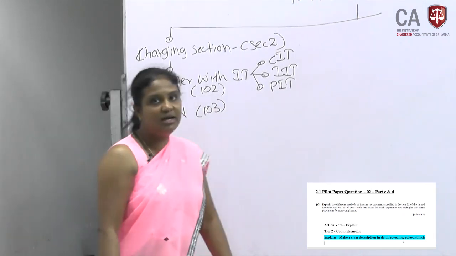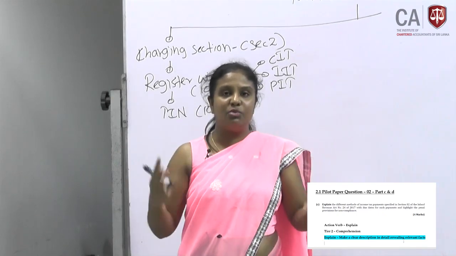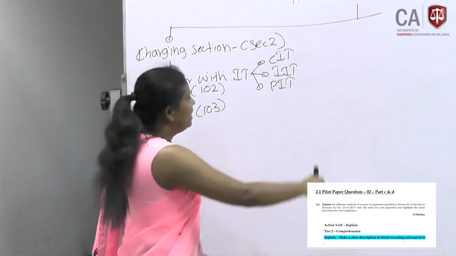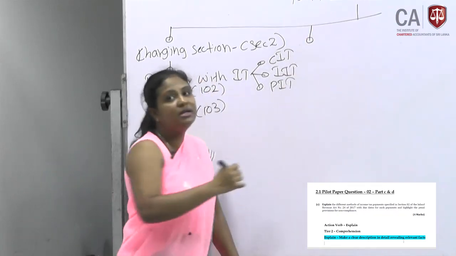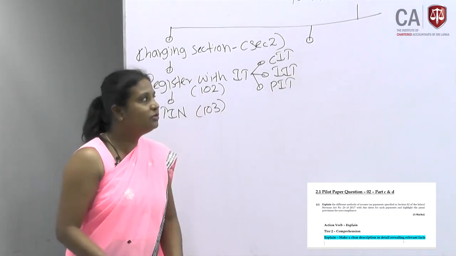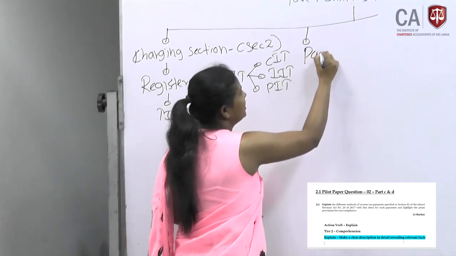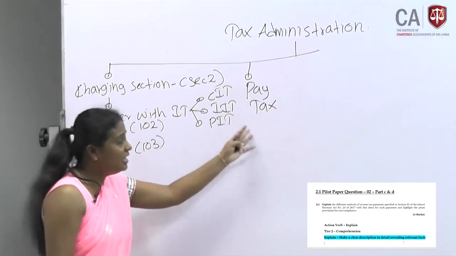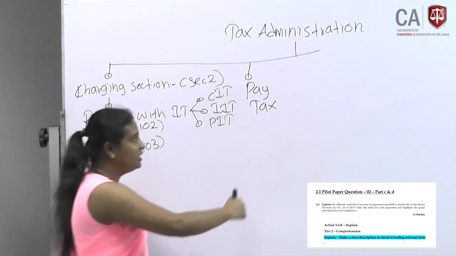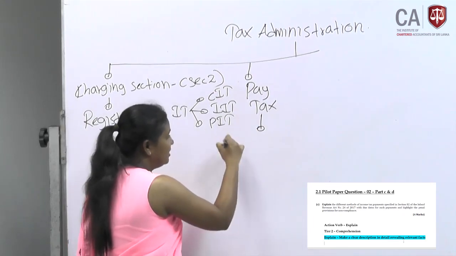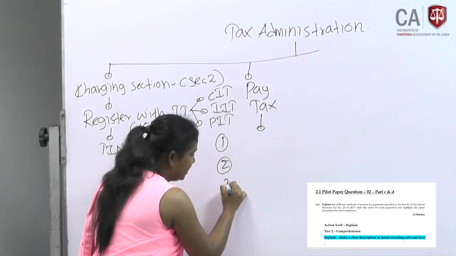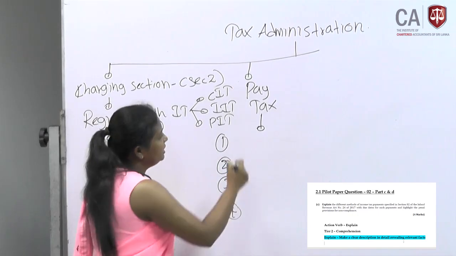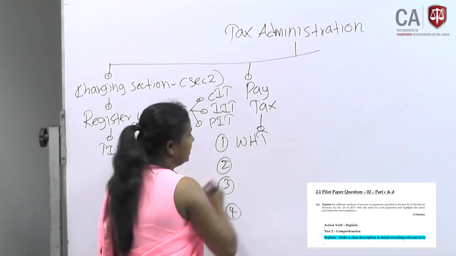After you register, okay, I have registered, then can I be free? No. If I have taxable income, I need to pay tax. How am I going to pay tax? There are 3 methods of paying tax, or rather 4 methods I will specify. First one is by way of withholding tax.